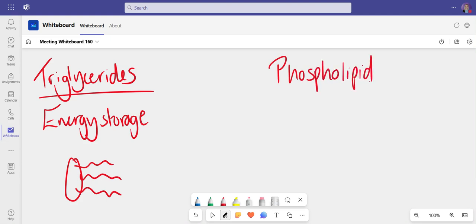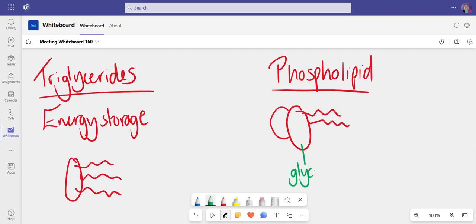Now, a phospholipid is very similar to a triglyceride, but with a bit of a difference. So the structure looks something like this. So hopefully some of this is familiar. So this here is the glycerol, same as we had in the triglyceride. Then in the triglyceride, we had 3 fatty acids.